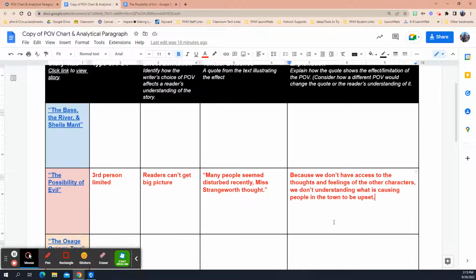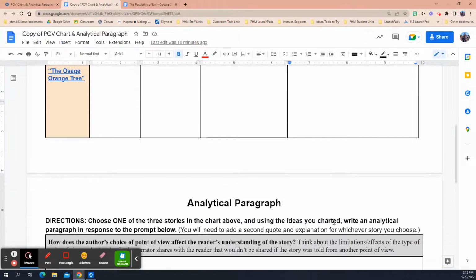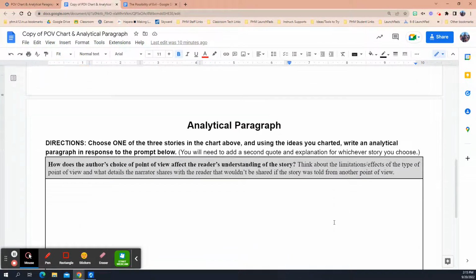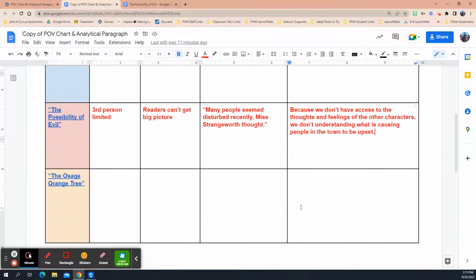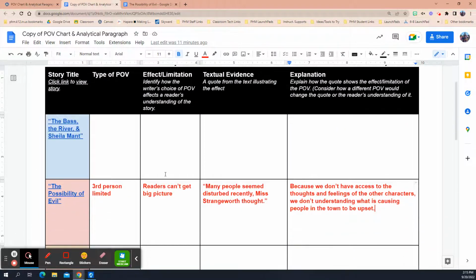So once your chart is finished, you can move on to the analytical paragraph. What you're doing for the analytical paragraph is choosing one of the three stories to focus on, and you're going to use the ideas that you charted to write it. When you look at your chart, you can see you already have parts of your answer: your textual evidence and at least part of your explanation.